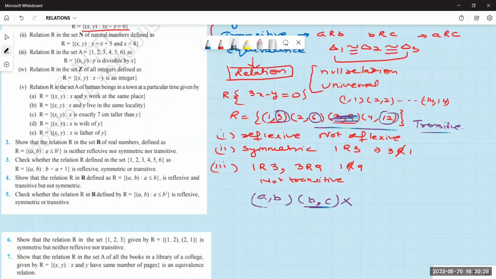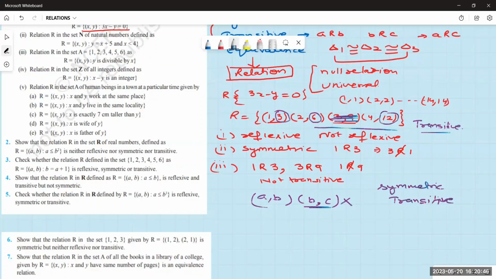Is this clear? If the condition of symmetric as well as transitive is not there, then still they are symmetric as well as transitive.